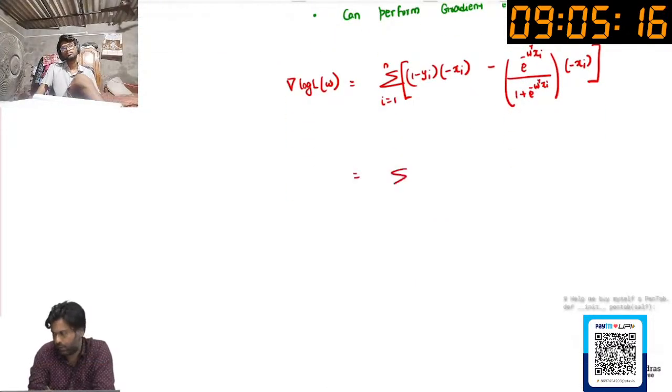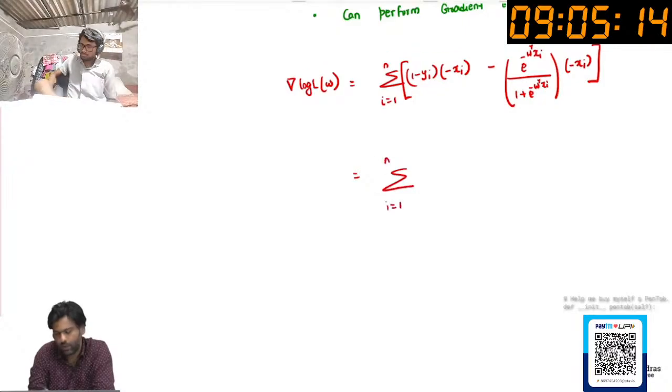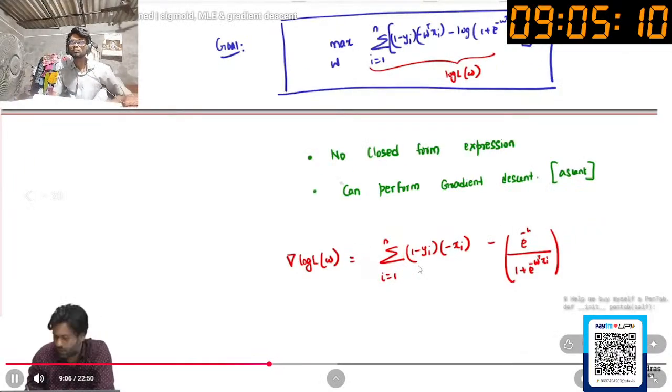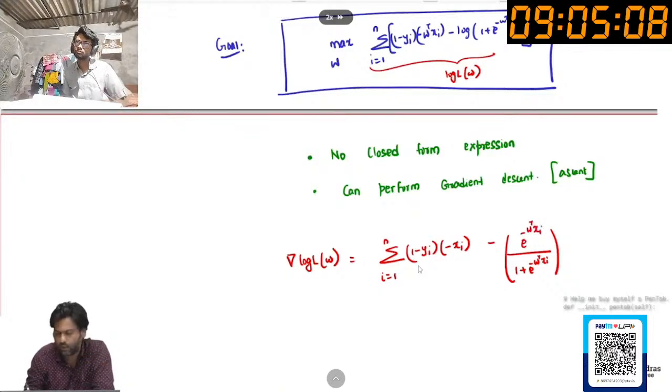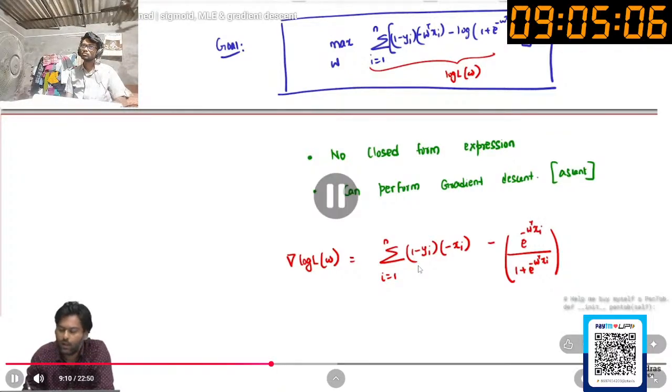So this is going to be the sum over i equals 1 to n. This is the gradient of w transpose xi, and now again using the chain rule repeatedly.